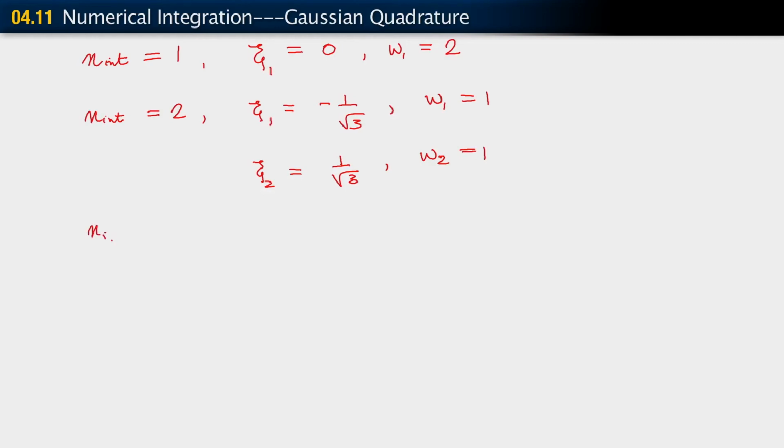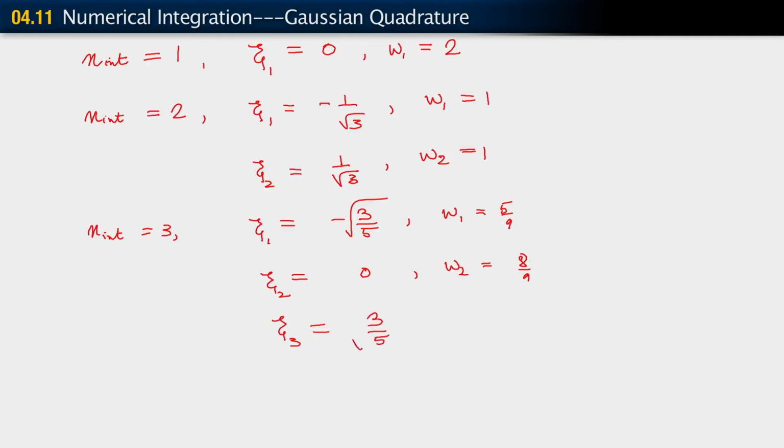Going on, n int equals 3 has xi 1 equals minus the square root of 3 over 5, w1 equals 5 over 9, xi 2 equals 0, w2 equals 8 over 9, xi 3 equals the square root of 3 over 5, w3 equals 5 over 9.